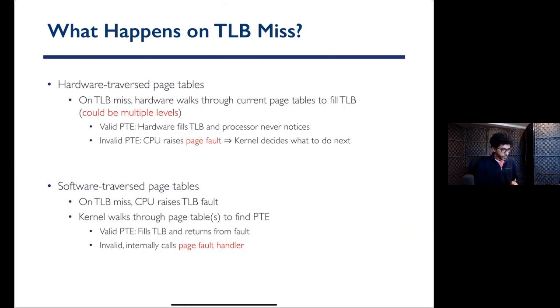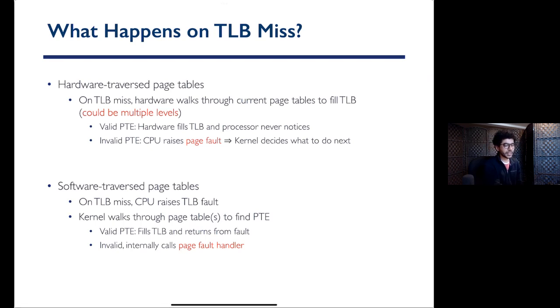OK, so what happens if we miss in the TLB? Previously, I just said, OK, we're going to do a page table walk. But the question is where this walk is going to happen. So we either do a hardware lookup of the page table, or we do a software lookup of the page table.